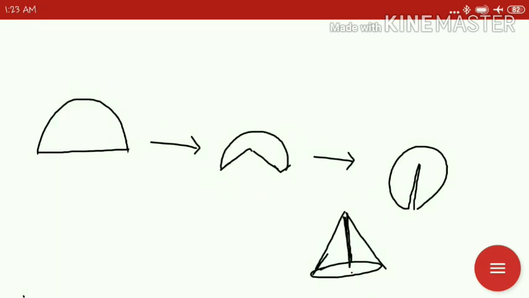In the given figure, you can see that this is a semicircular lamina. If you fold it from its center, and try to join those two radii together, then it will take the shape first in this one, and then if you make it closer, it will look like this one, and then it will take the conical shape in which the joining of the radii will appear on the curved surface.